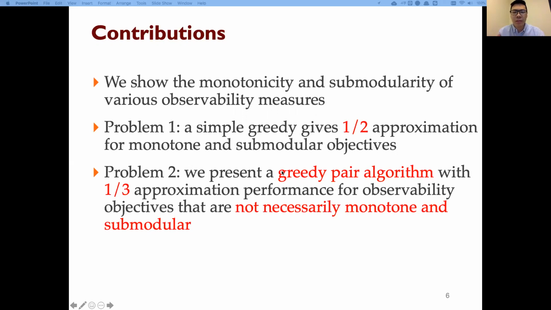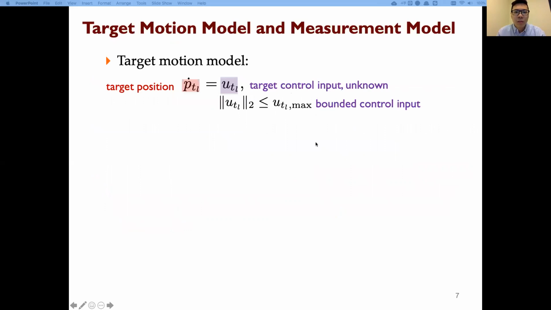Now let's see what is the observability in the target tracking scenario. We consider that each target has a single integrator motion model, where p_t is the target position and u_t is the target control input. This control input is unknown to the sensors. We assume that the sensors only know an upper bound of this control input.